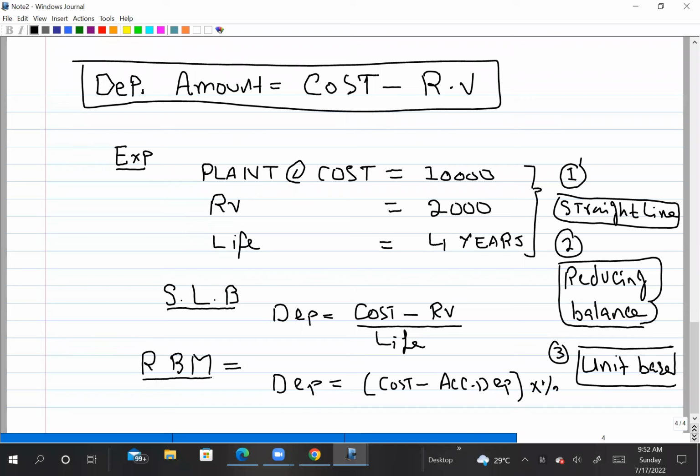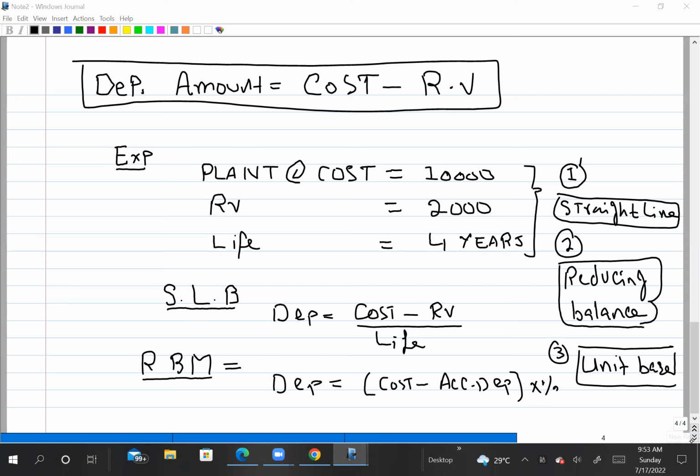Whatever method we use, the depreciable amount will remain the same. Either I use the straight line basis or the reducing balance method.